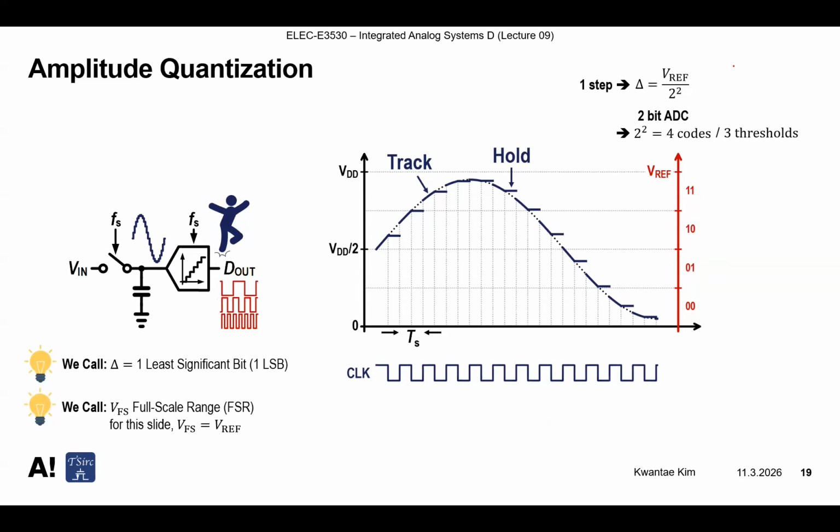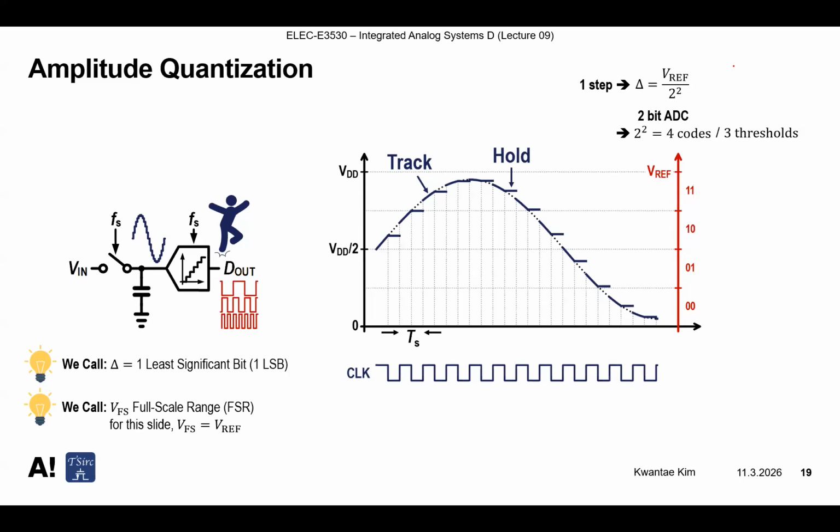Then if we move on to a slightly different bit, for example, from 1-bit ADC to 2-bit ADC, then there are 2 to the power of 2 equal to 4 digital codes, and there are 3 thresholds. To represent 4 codes, we need 3 thresholds.